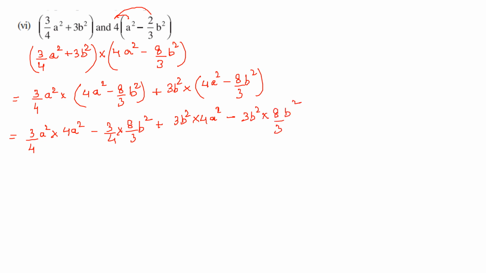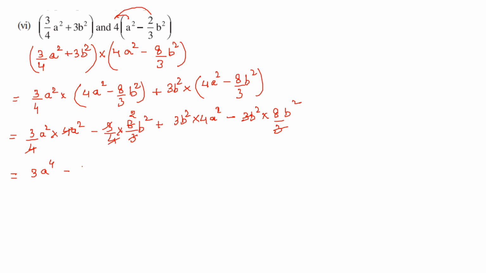Now we can see if anything I can simplify. So I can see 4 and 4 I can simplify. 3 and 3. Then 4 times 2 will give me 8. Then here also 3 and 3 I can simplify. So I am left with 3a square into a square will give me a to the power 4 minus.